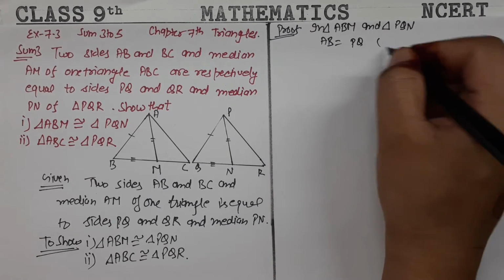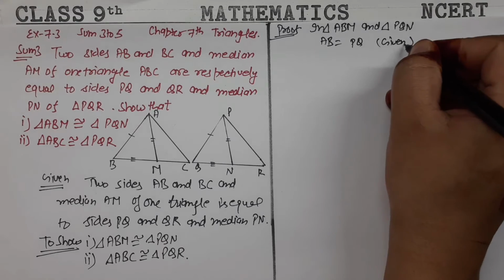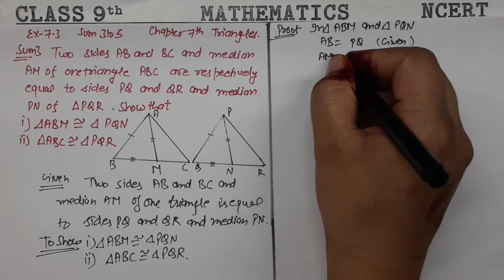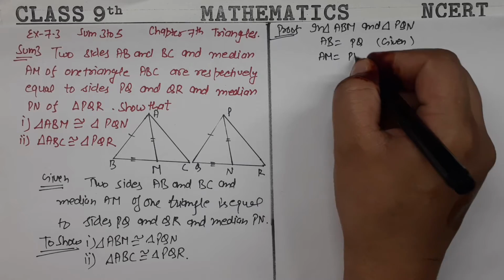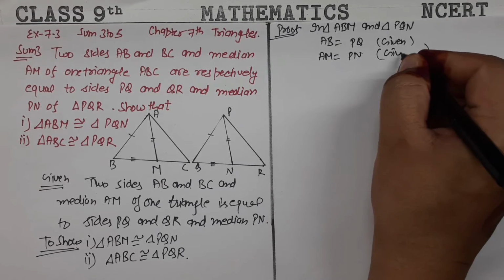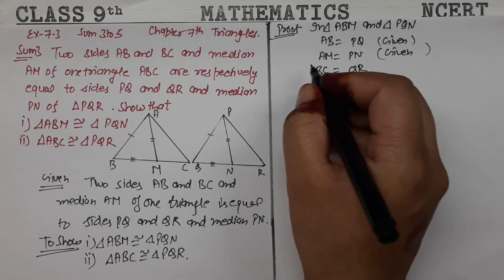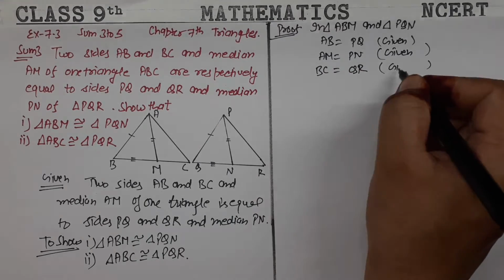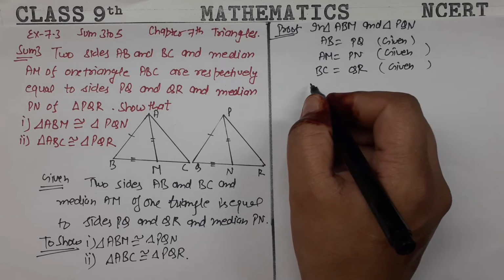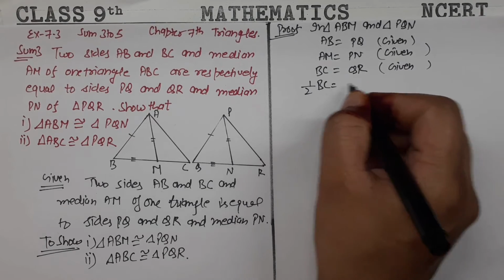AB equals to PQ, AM is equals to PN, also given, BC is equals to QR, given. Let me take its half.